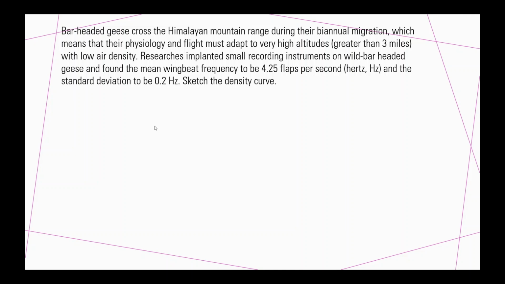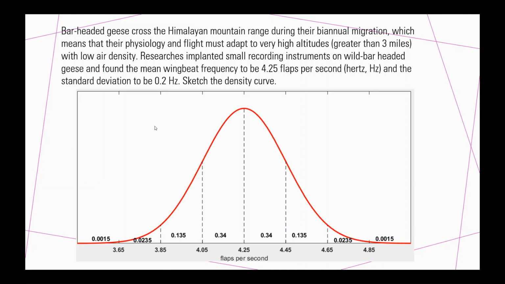And then what we could do from there is put 4.25 in the middle, our mean, and we could add 0.2 repeatedly to get the labeling for the 3 vertical lines to the right, and we could subtract 0.2 from 4.25 repeatedly to get the labeling for the 3 vertical lines to the left. And to be a little bit more clear, this is what I mean right here. Okay. And so again, notice I do not have the percentages here. I have the probabilities, or the areas. And so that's what we're going to do on the next slide.